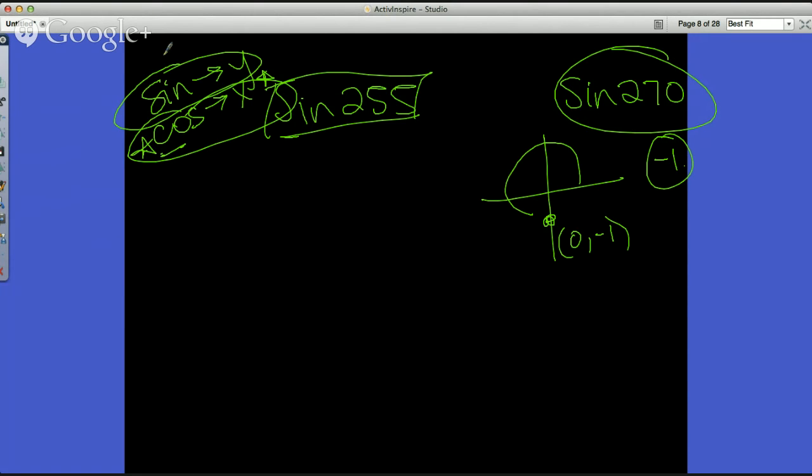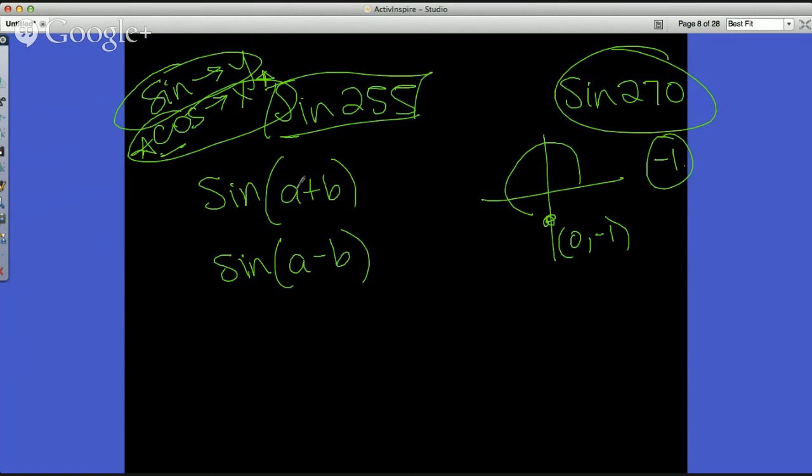So it's in that instance where you have to take the sine of either A plus B or the sine of A minus B. And with A and B, you have to have two things that are on the unit circle that you could use. So what are two things that we can add or subtract together to get to 255? And again, you'll have a unit circle, so you can use that. I like it.